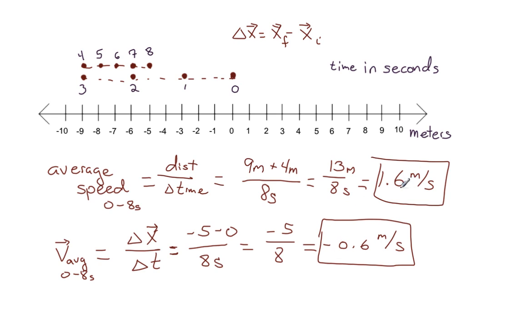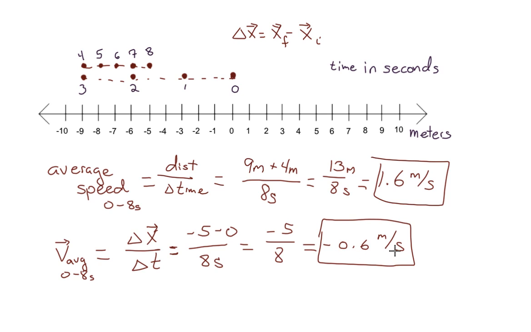The object is traveling at an average speed of 1.6 meters per second. So the meaning of this number is that the object is traveling a distance of 1.6 meters for every 1 second of motion. On average, not at any particular instant, it's traveling a little bit faster here and a little bit slower here. But over the course of 8 seconds, on average, it's 1.6 meters for every second.